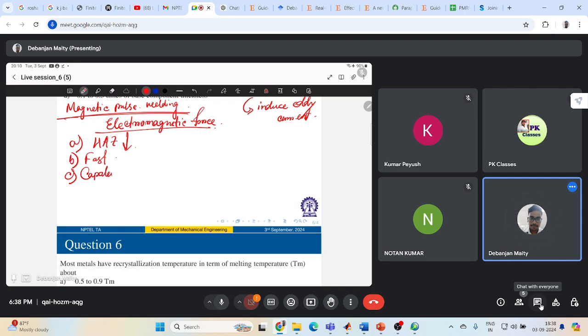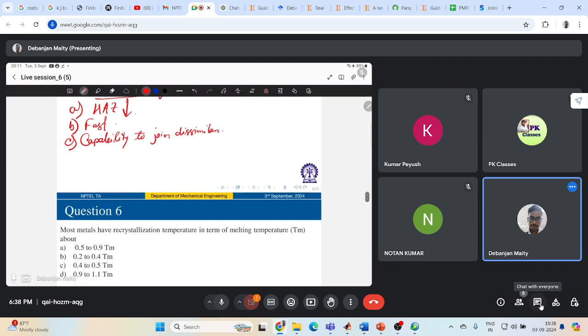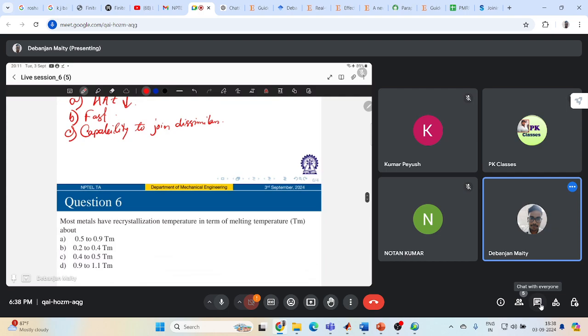Capability to join dissimilar metals. No consumables, right? You don't need any filler metal or external heat, right?